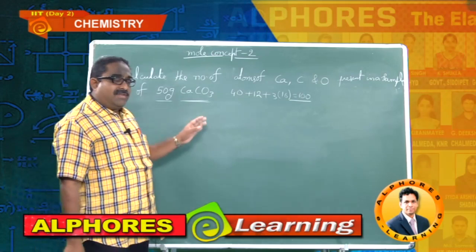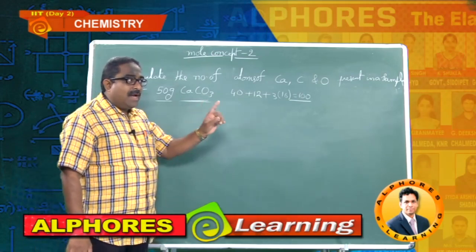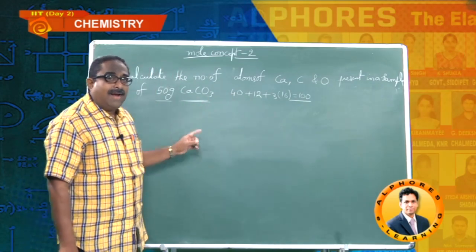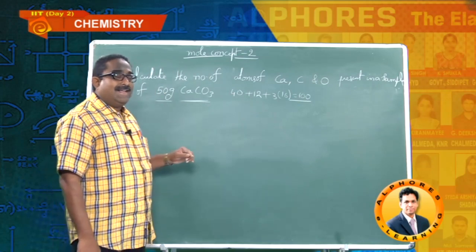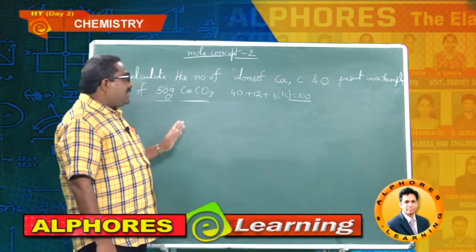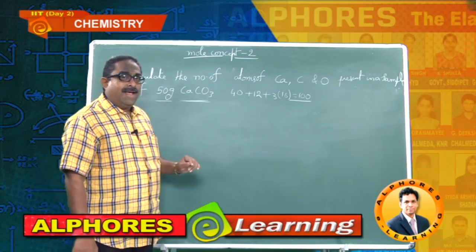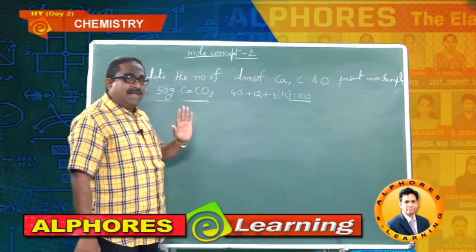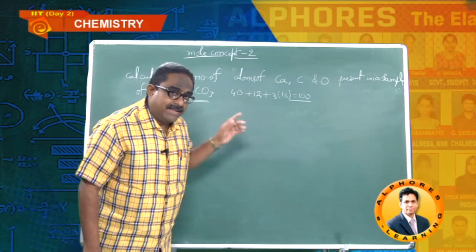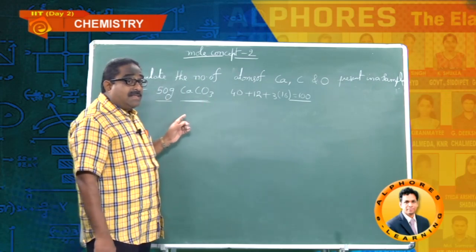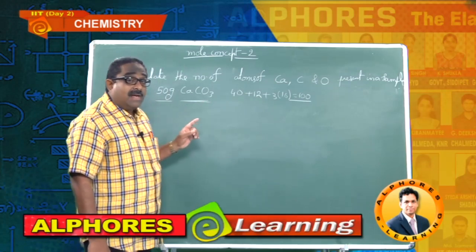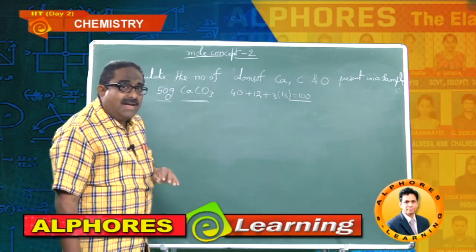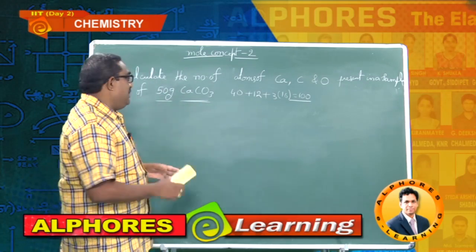From the molar mass we get the number of molecules, but not the number of atoms. What students usually answer is, sir, 100 grams has 6 into 10 power 23, and 50, half of that, sir, 3 into 10 power 23. Many students answer like that, but the answer is wrong. Why is it wrong? He is asking for atoms, he is not asking for molecules. For the substance we have molecules, not atoms, and that is very important here.